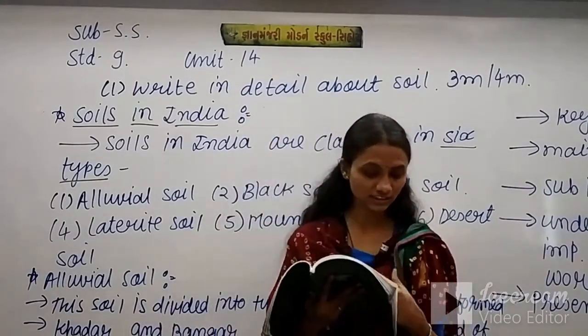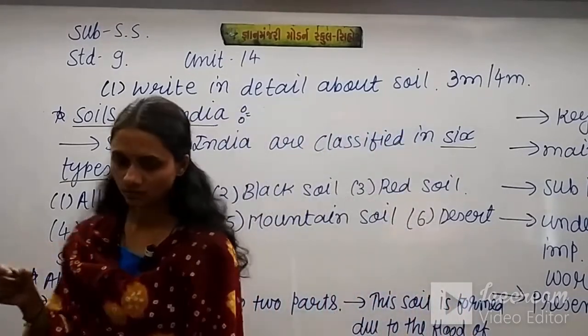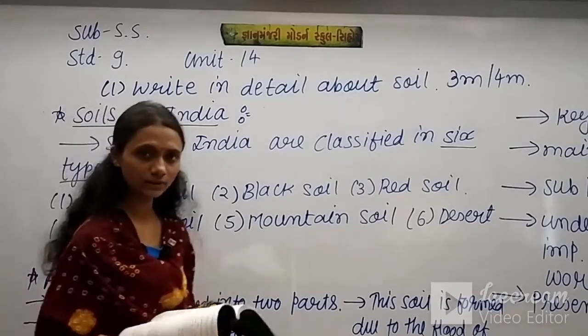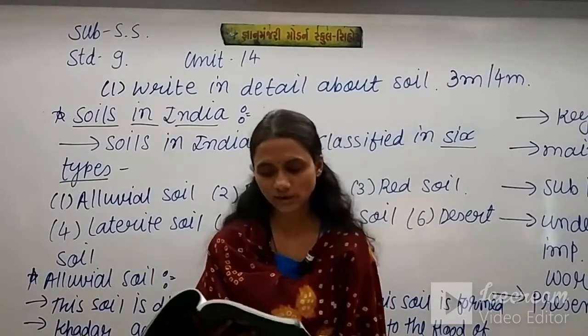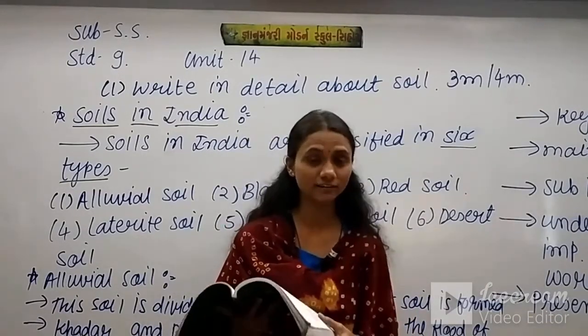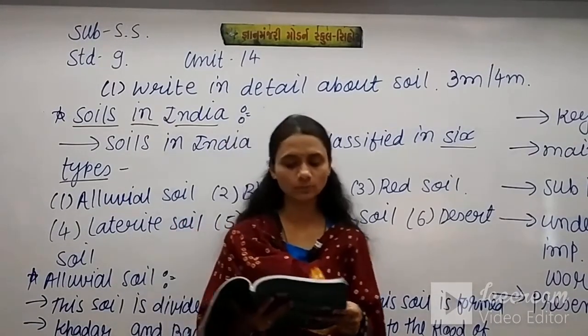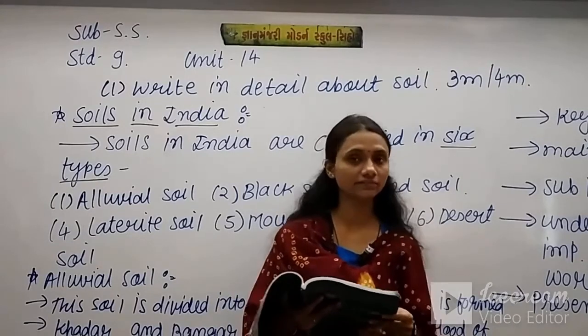It is sticky and has a dark color. So the quality of this Bangar soil is that while Khadar soil is sandy, Bangar soil is sticky and dark in color. Alluvial soil is seen in many parts of the country, and its fertility is different at different places.